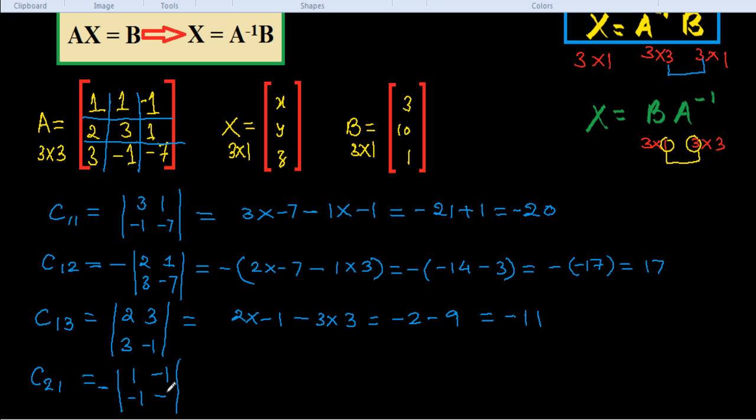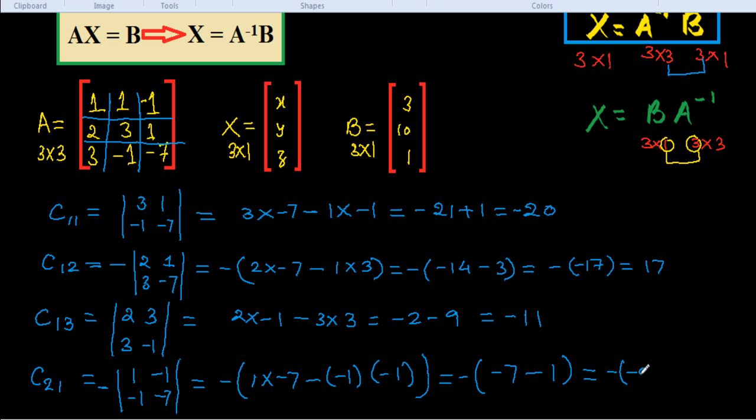So we get here, negative sign outside, 1 into minus 6 minus minus 1 into minus 1. So we get here minus 7 minus 1, which would be minus 8. So we get here 8.